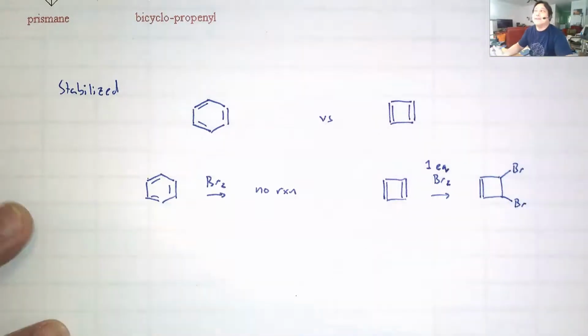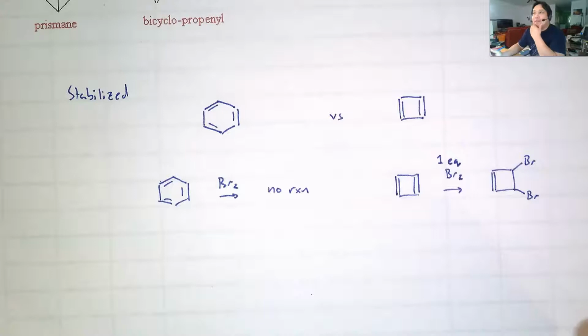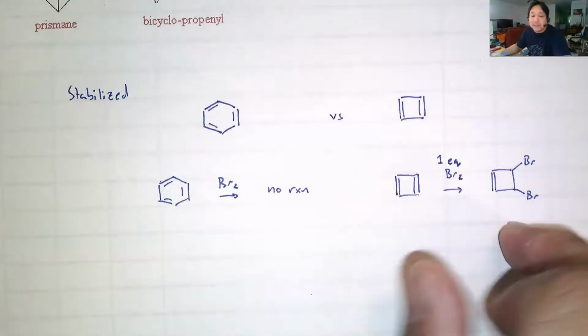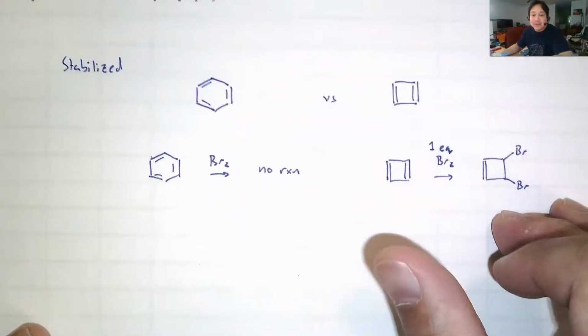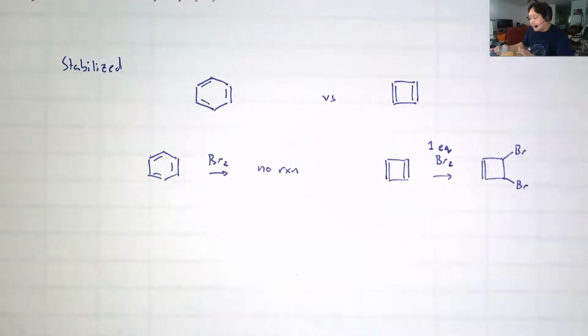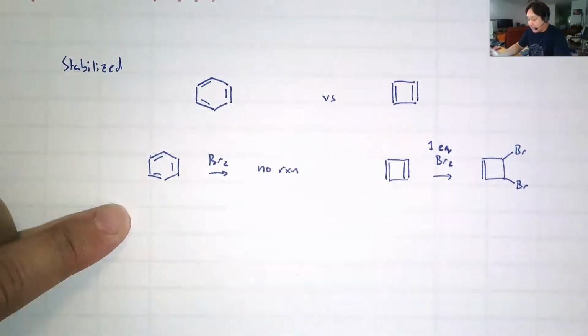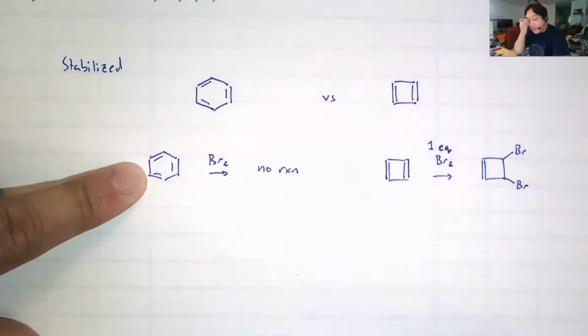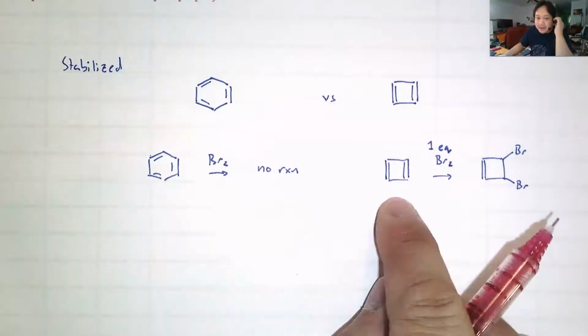Okay. Gotta be careful about this. Yeah, we get this as the major product. So what does that imply? That implies that benzene is more stable than cyclobutadiene.